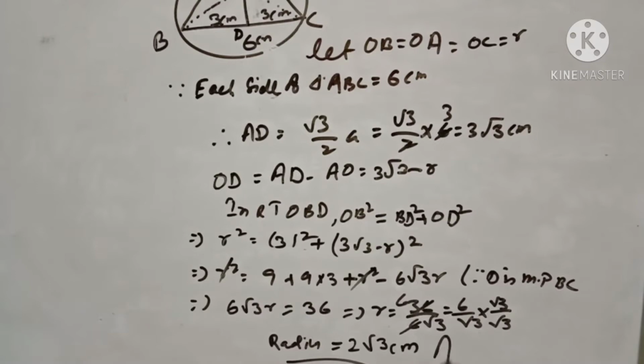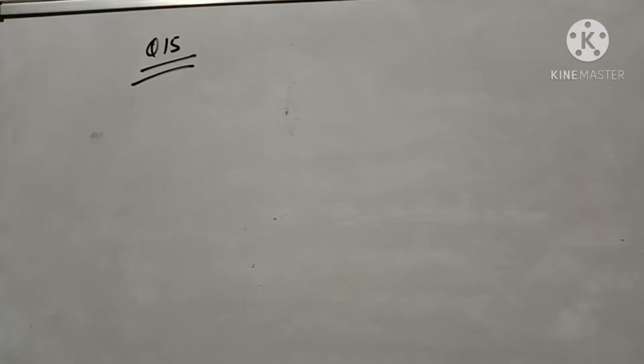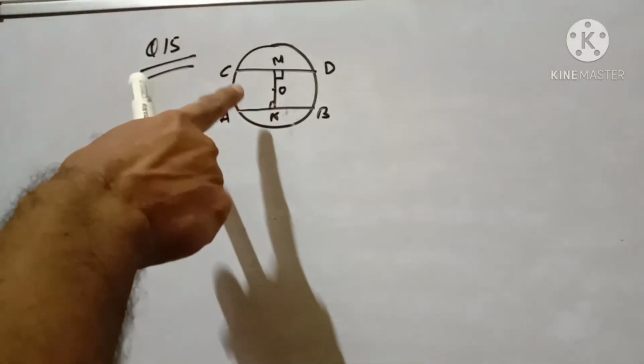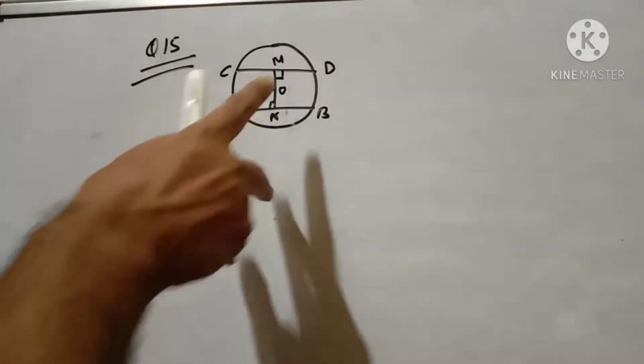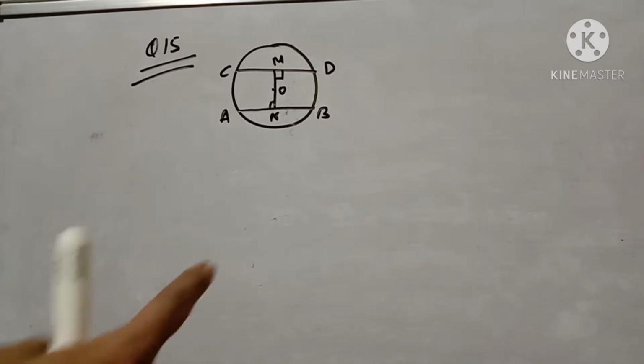Write down please. Now question number 15. It is given that the line joining the midpoints of two chords of a circle passes through its center. Prove that the chords are parallel. First of all, you draw the figure. Now I have drawn the figure. AB and CD are two chords, O is the center.